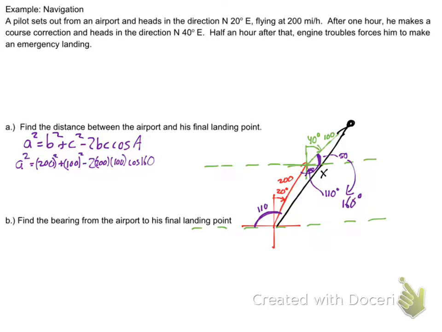You should be able to solve for A pretty easily, right? And once you know that, you can solve for the angle right in here. And if you know the angle in here, you know your bearing, because your bearing would be north by east, but 20 plus whatever that thing is will end up running you into your landing zone.